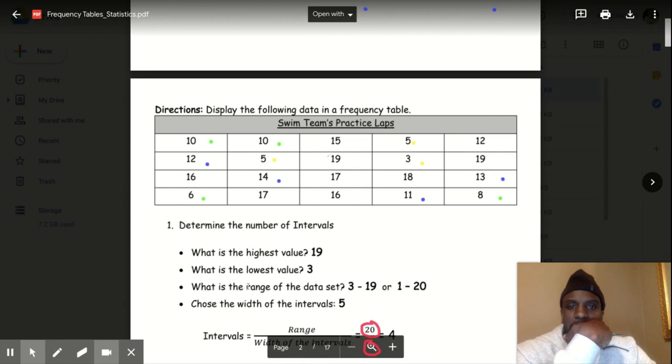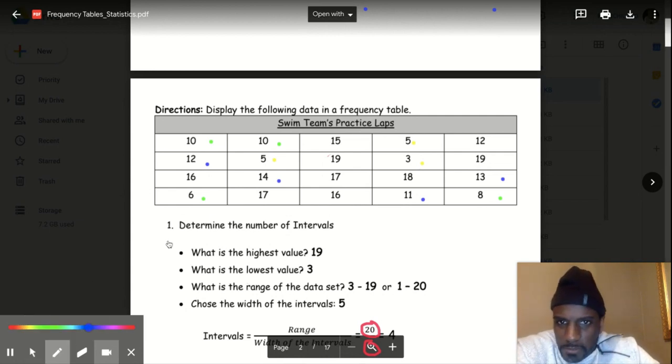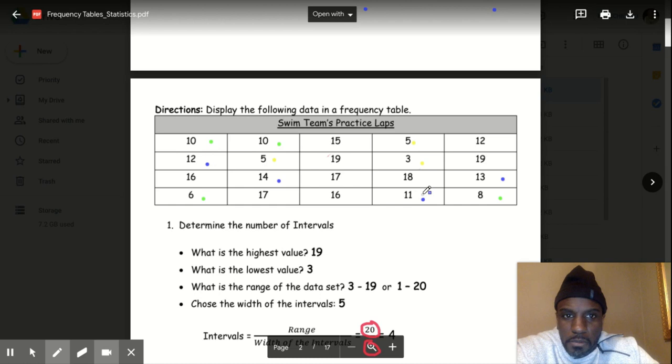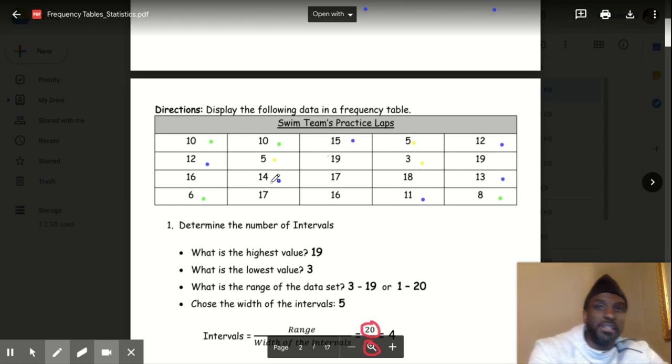Is that 6 for real? Hold on for a second. Let me see. 1, 2, 3, 4. I'm sorry, 4 people that did 11 through 15. Not 4, not 16. 11 through 15, hold on. 1, 2, 3, 4, 5. And 6. There are 6. That's correct. So there are 6 people that did 11 through 15.